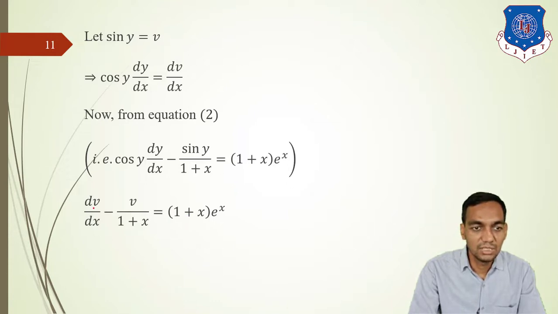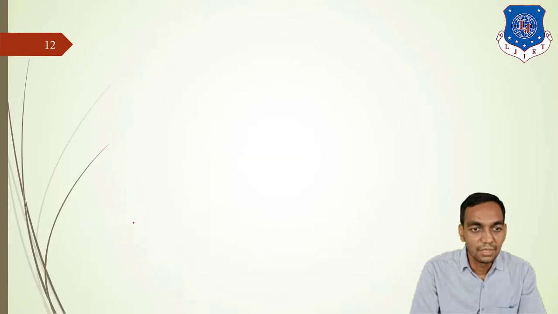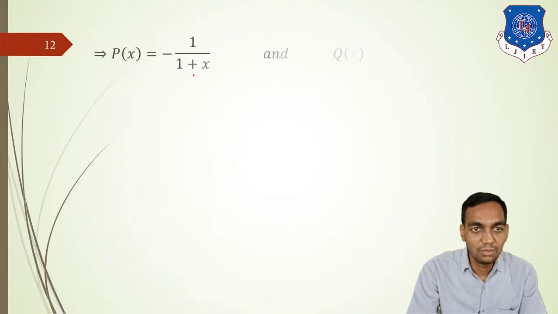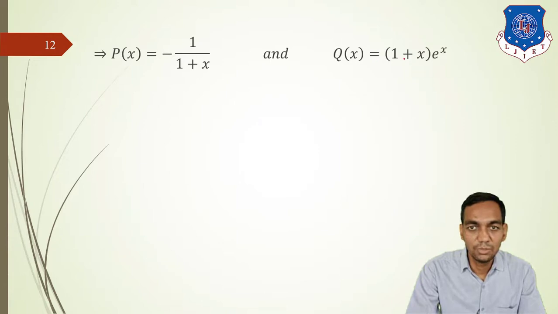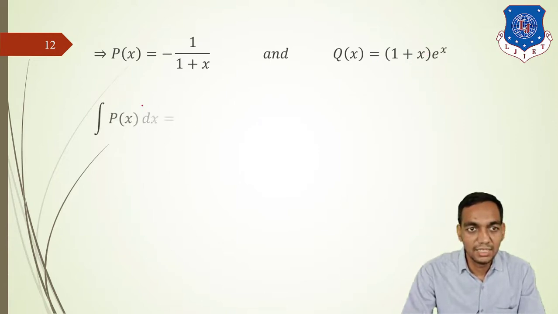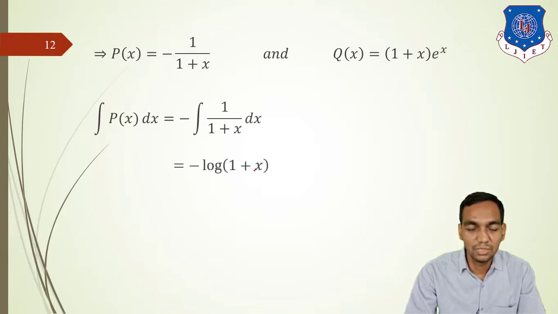Now this equation is in the form of v, so px is equal to minus 1 upon 1 plus x, qx is equal to 1 plus x e raised to x, and integration p dx, that will be integration of minus 1 upon 1 plus x, that is minus of log 1 plus x, that is log of 1 plus x raised to minus 1.